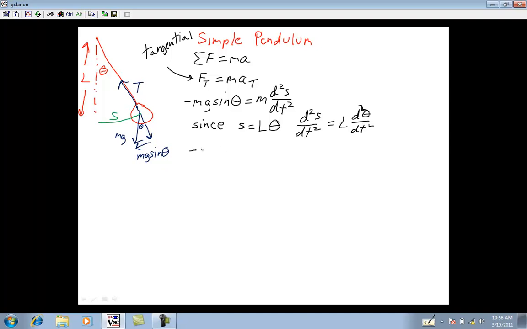Okay, it becomes negative mg sine theta equals, over on this side, mL times the second derivative of the angle. Okay, so that's the second derivative of the angle. And then I'll rewrite this equation to look like this. Negative g over L sine theta is equal to, again, the second derivative of the angle.